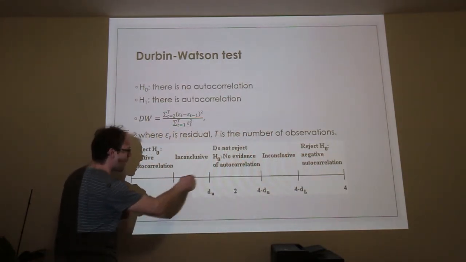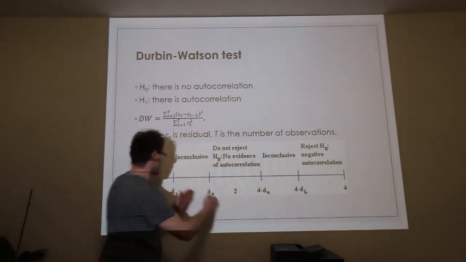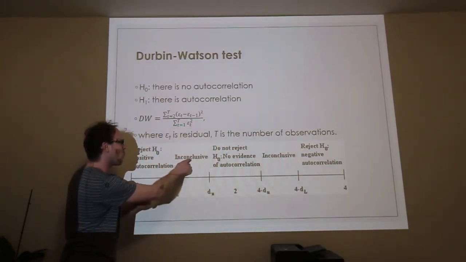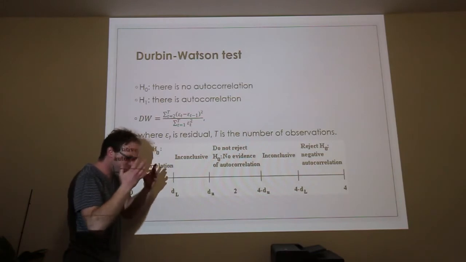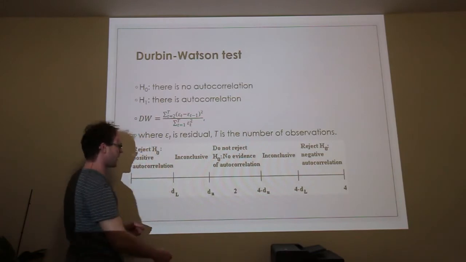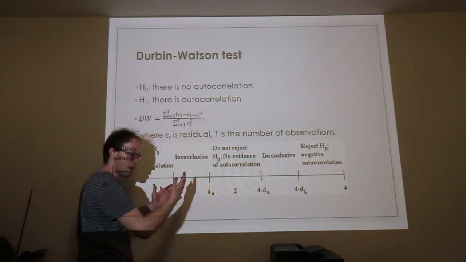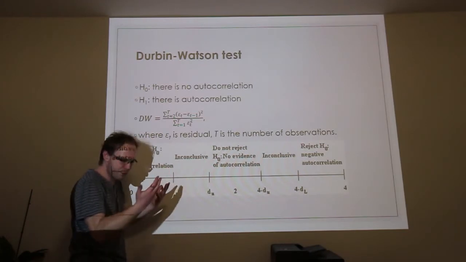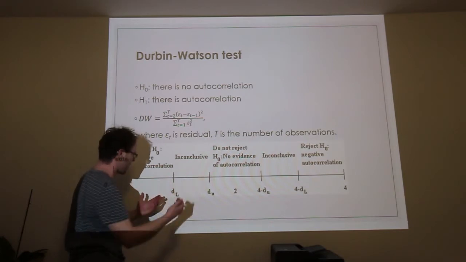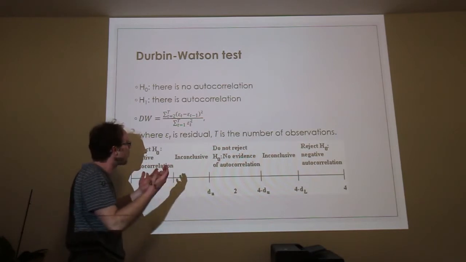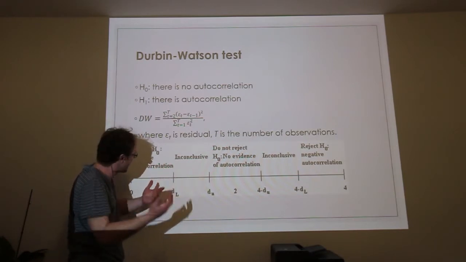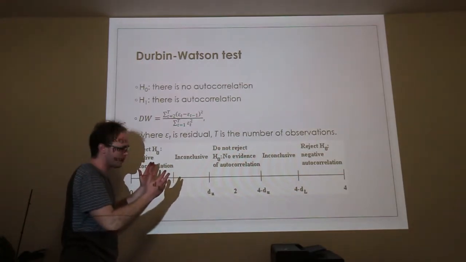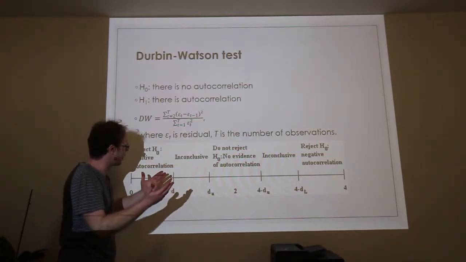And now about these two fields, inconclusive. We cannot decide. This is, we can say, the gray zone, where we cannot decide about autocorrelation or no autocorrelation.